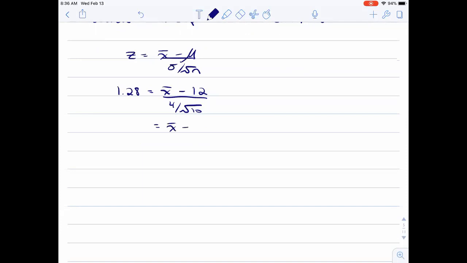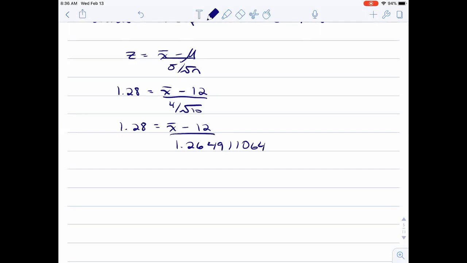We get x bar minus 12 over 1.2649110064. You don't have to show that step. It's just in case you're checking my math, which you should be doing.